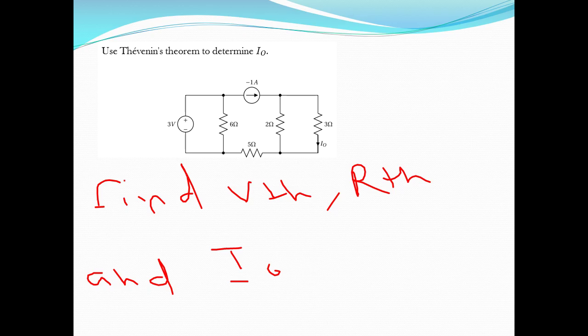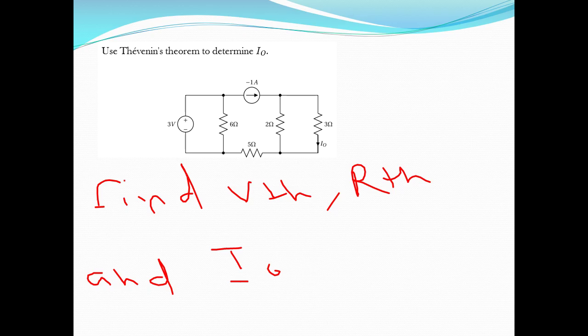So first we recall the statement of Thevenin theorem. It says that a linear active bilateral network can be converted into a simple network which consists of a voltage source VTH and a series resistance RTH. So, using Thevenin theorem, when we solve any numerical problem, first of all we have to calculate VTH.